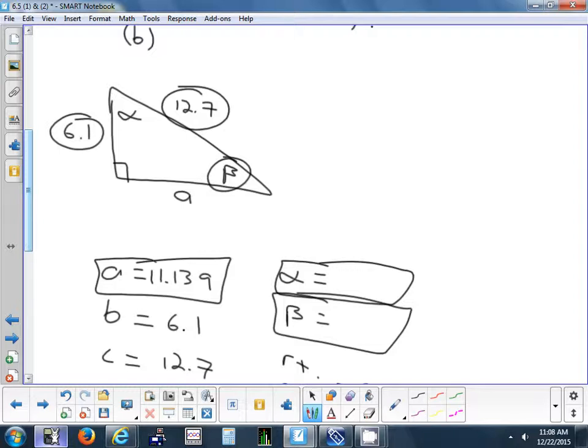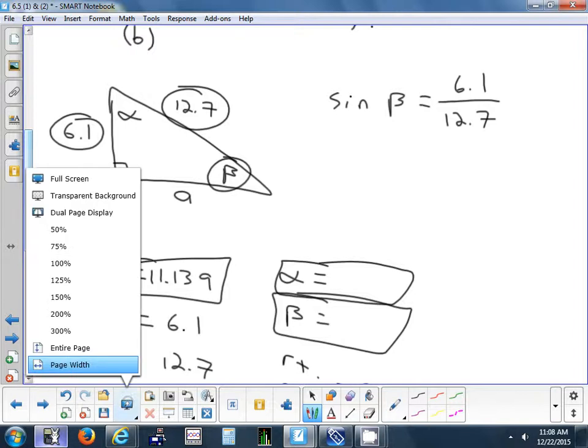We know opposite, we know hypotenuse. So the sine of beta equals opposite over hypotenuse. Now what? You could just do inverse sine of 6.1 divided by 12.7 equals beta.